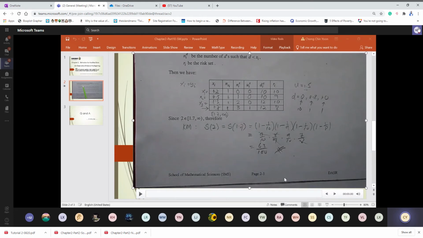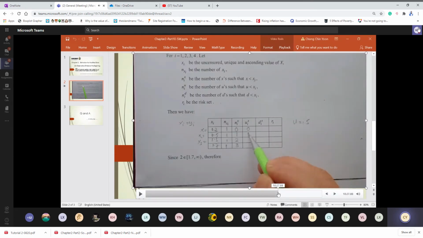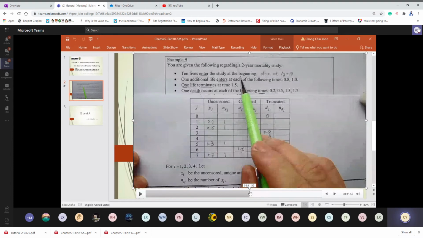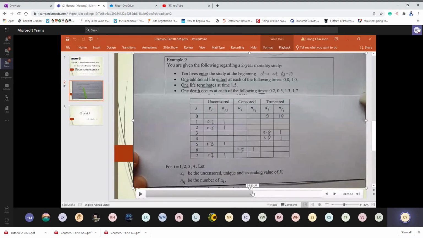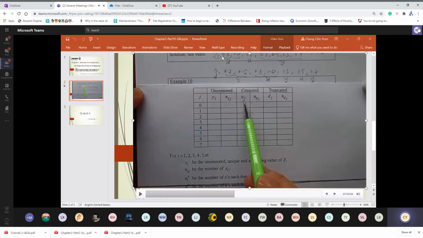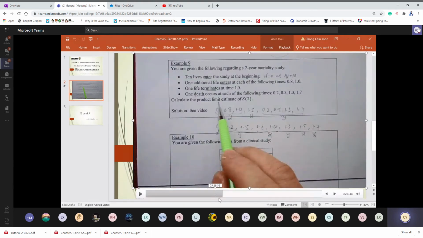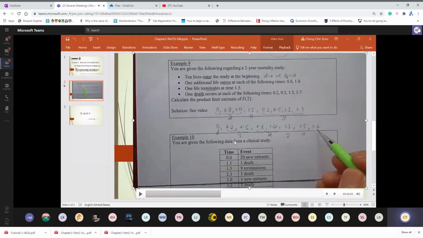Okay, only here I want to highlight this diagram. When you try to fill up this diagram, make sure that, this is important, you know what is your truncation, censored and uncensored.